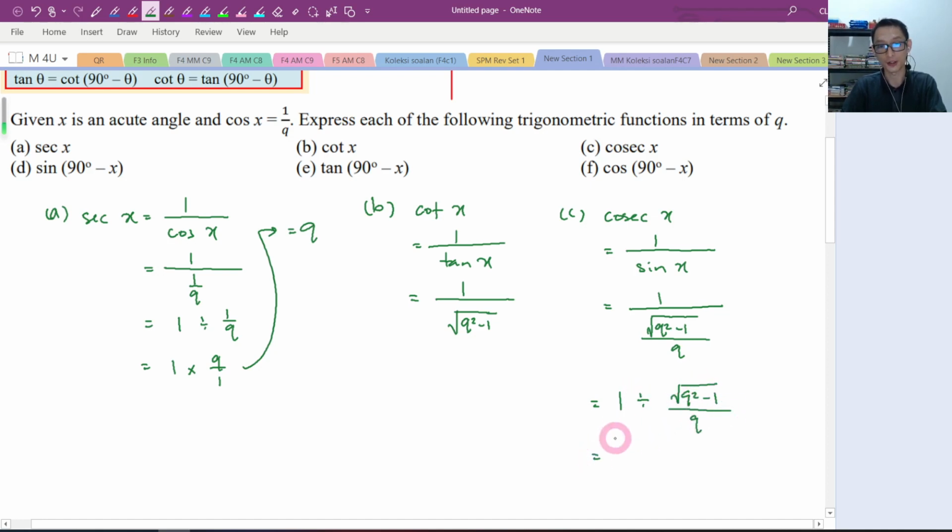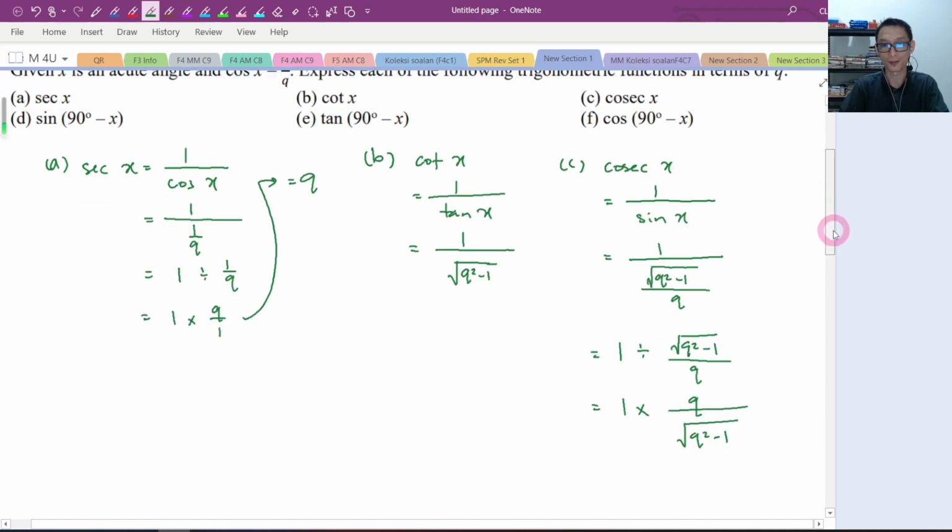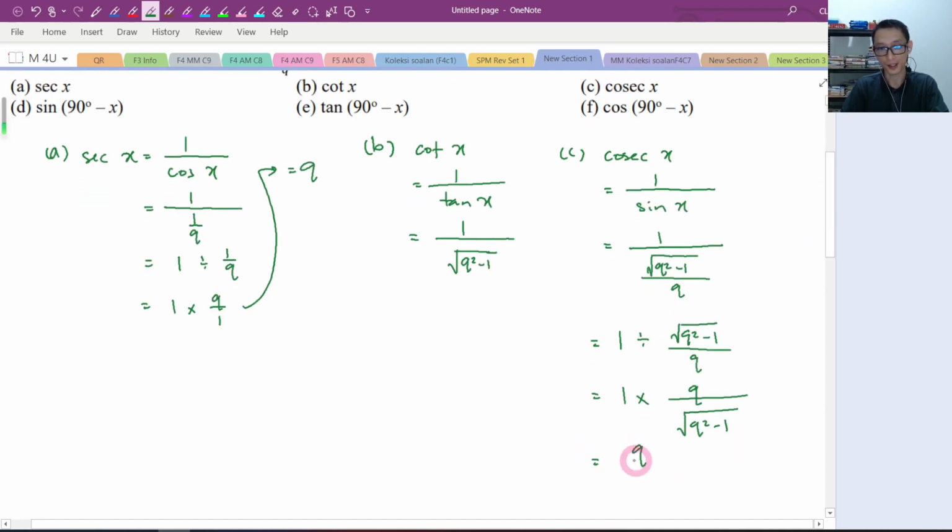And we change it to multiply, and we flip over the numerator and denominator. But in the exam, you actually don't have to write this. From here, you can straight away go to the final answer. So it's actually equal to q over square root of q square minus 1. Okay, this is the answer for part C.